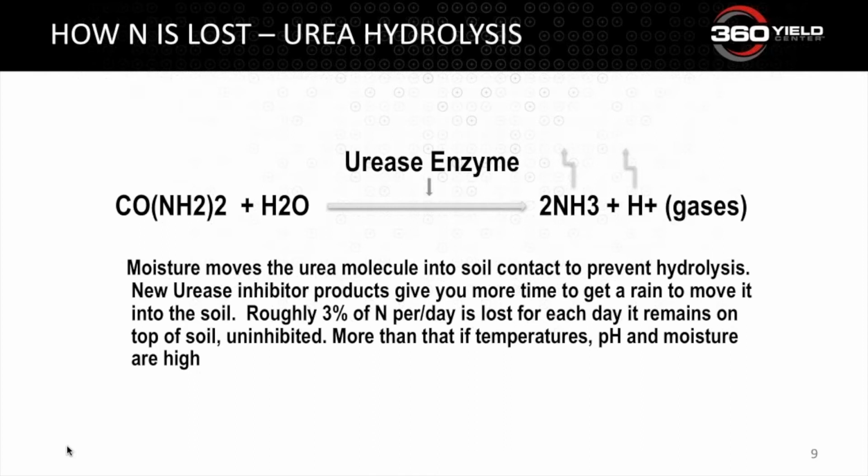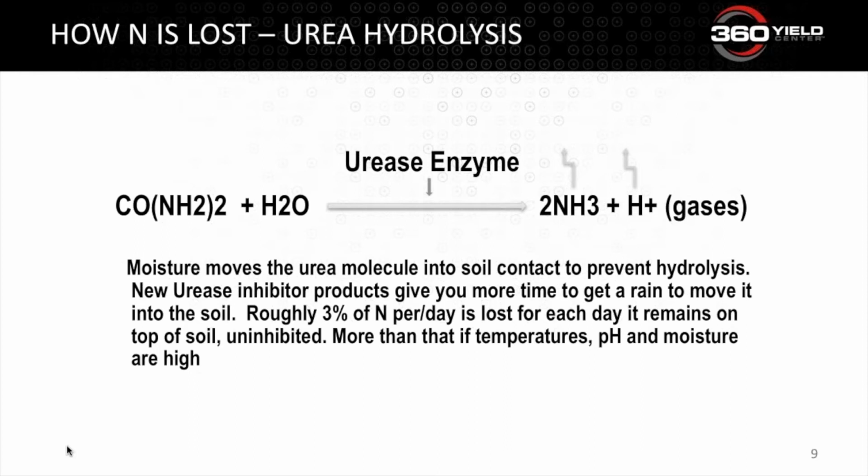But if that molecule lays on the surface of the soil, and by the way, I'm not talking just about urea prills. 28% is urea ammonium nitrate, and 50% of the 28% is in the urea molecule, that molecule on the left. So we want to give us more time to wash that urea molecule into the soil so that when it combines with hydrogen and creates ammonium, we don't gas it off, okay?